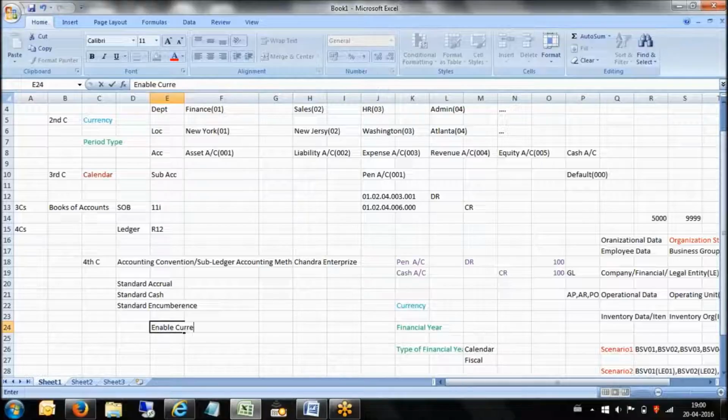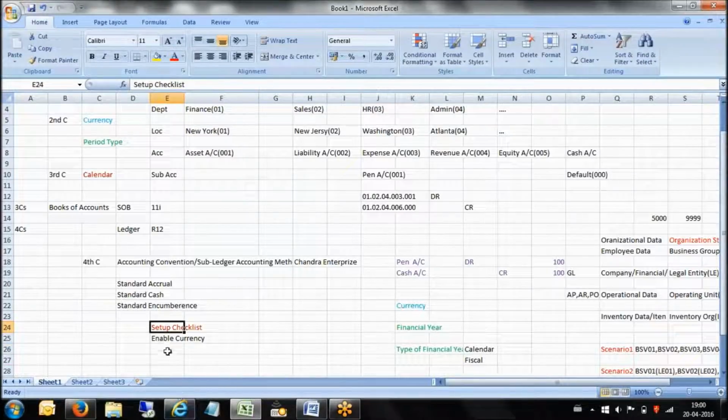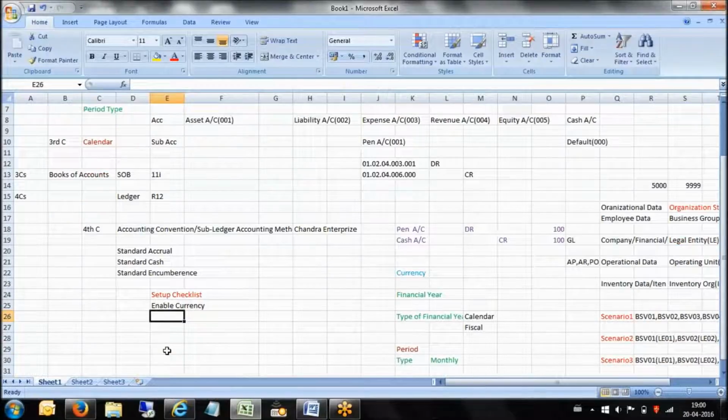Setup checklist of basic configuration which you need to do. Enable currency. Define period type.